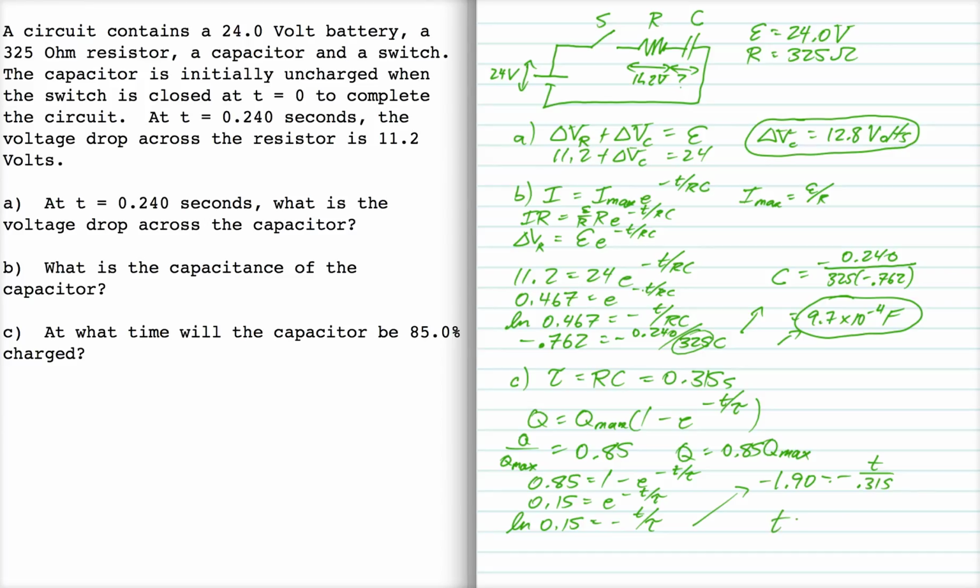And if I solve for t, I get 0.60 seconds. Alright, let's think about that for a second. So we want the capacitor to be 85% charged, and this t is roughly 2 tau, right? And we know that after 1 tau, we're at about 63% charged, so 2 tau being 85%, that seems like a reasonable answer.